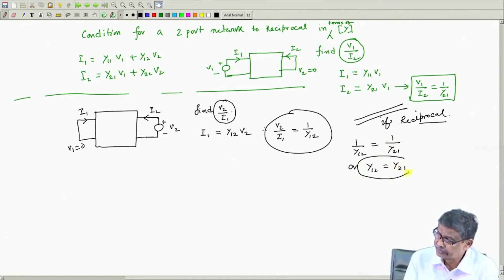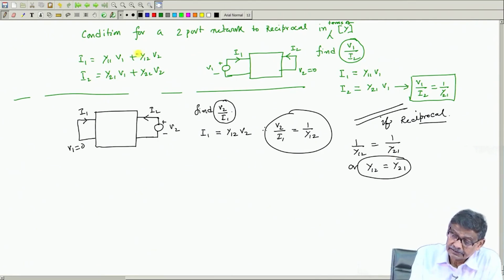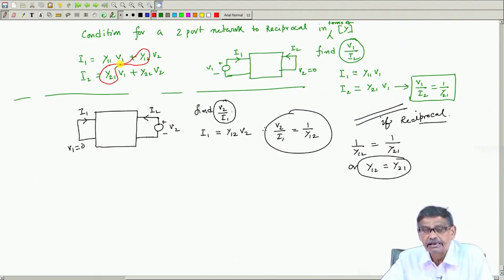This is the condition, that is, the off diagonal elements should be equal. So, these two values should be equal if it is to be reciprocal. Once again, looking at the admittance matrix, I can conclude y 1 2 is equal to y 2 1.